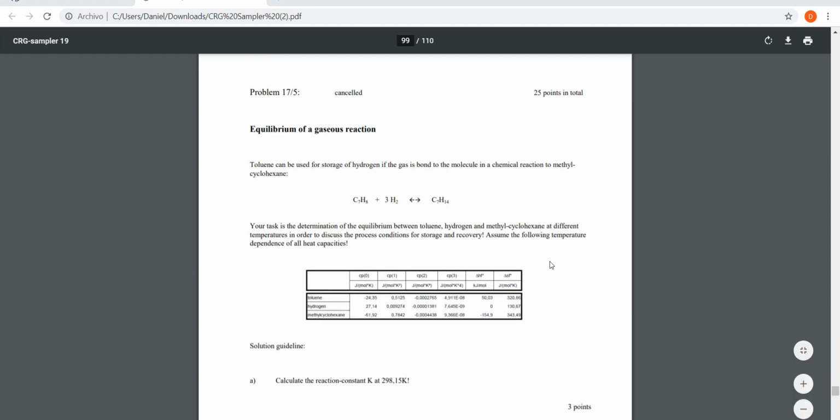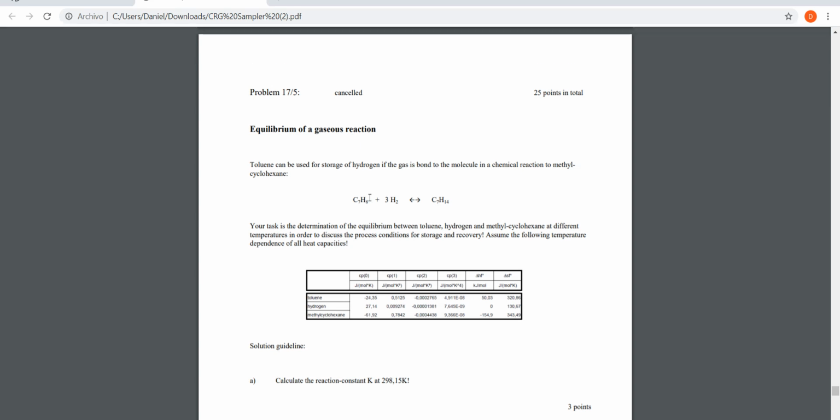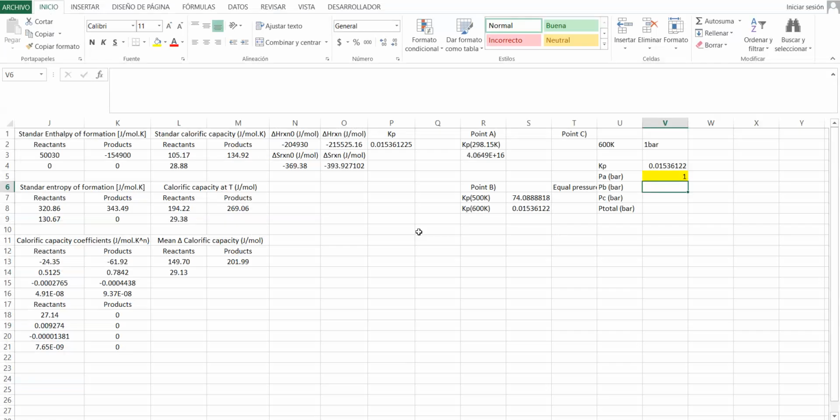We are going to assume that each mole exerts the same amount of pressure. So, for example, if this exerts one bar, the hydrogen would exert 3 bars. If this exerts 2 bars, this exerts 6 bars. So that is one of the assumptions that we need to take in this problem, so we can solve it. So I just said the partial pressure of hydrogen is just 3 times the partial pressure of toluene. So there we have the first condition for this problem.